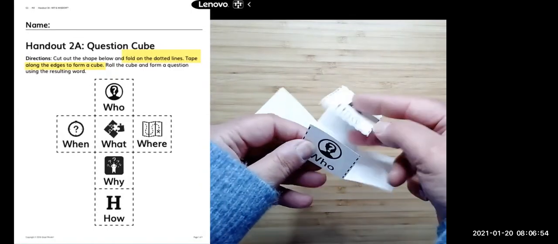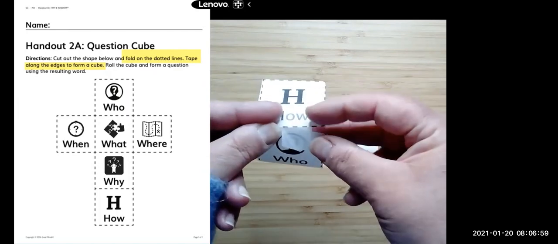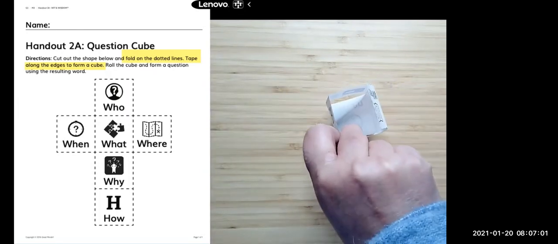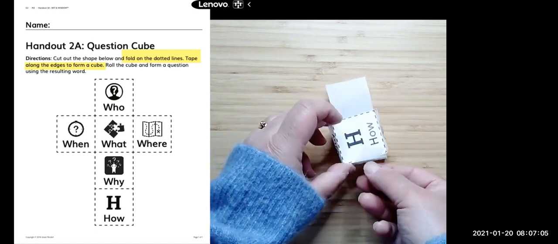As you tape the cube, hold it very gently, almost softly, so you're not crushing down the sides as you tape the edges.